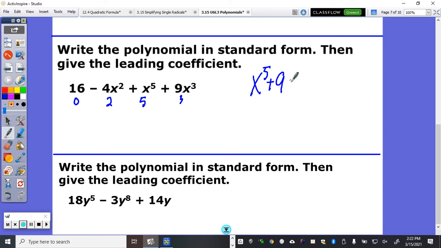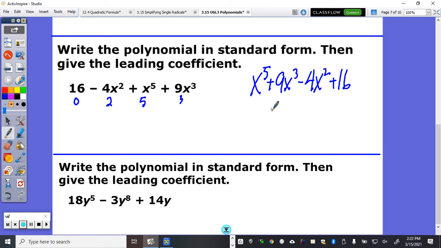Plus 9x to the 3rd. Now what? Okay, minus 4x squared. And then plus 16.